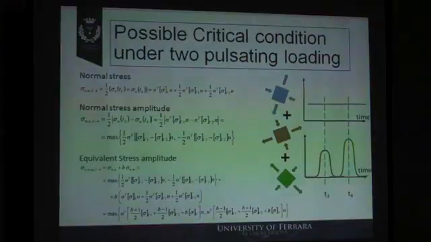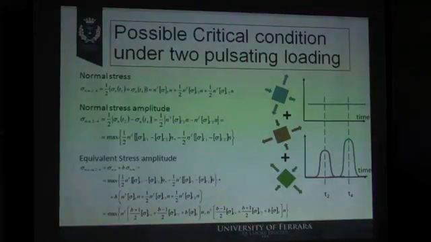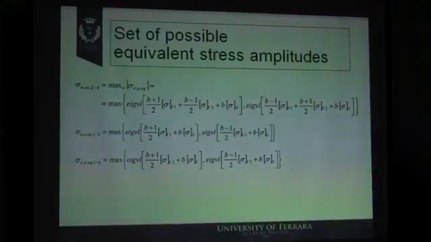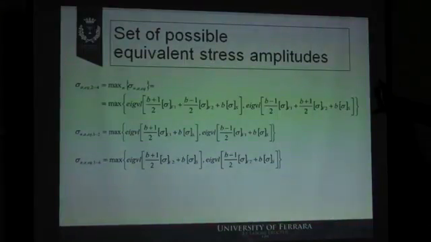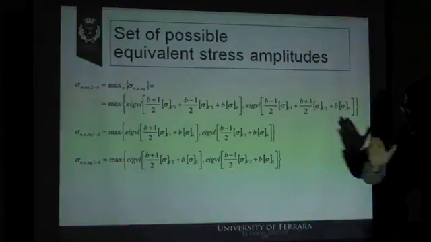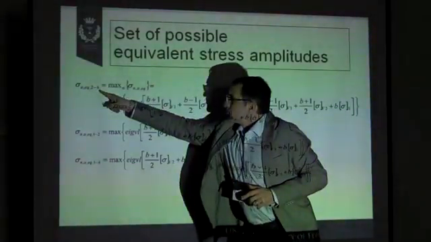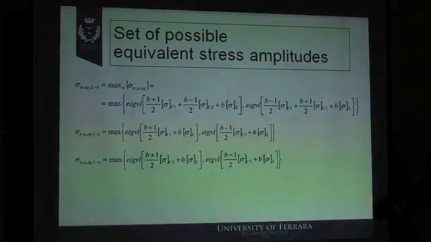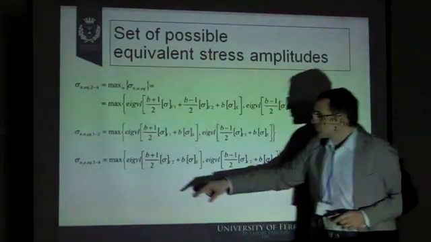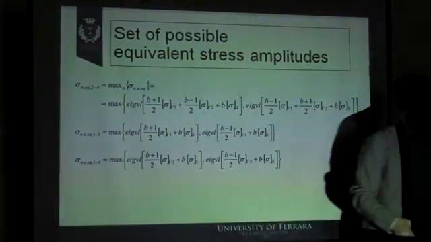Anyway, it is in any case a combination of available tensors. And I can go directly to summarize the result. I have the possible amplitude that comes out from the comparison of time 2 versus time 4, then time 1 versus 2, and time 1 versus 4.